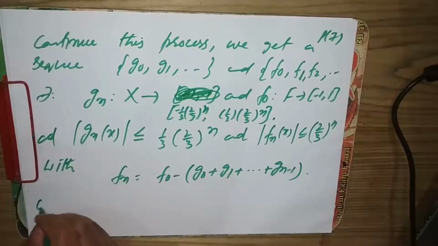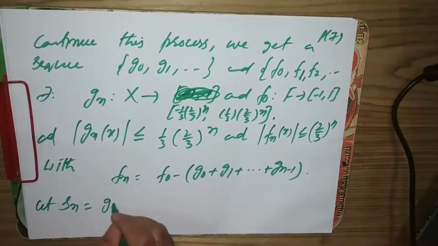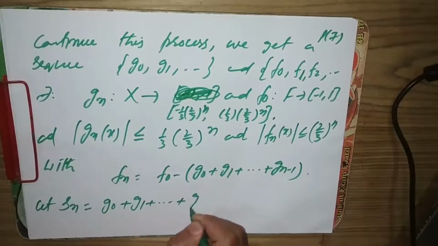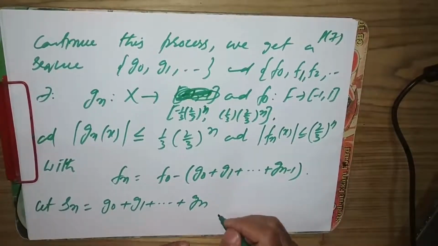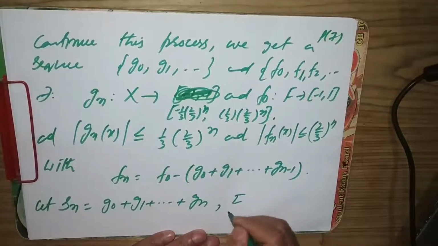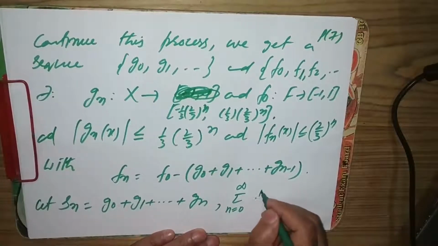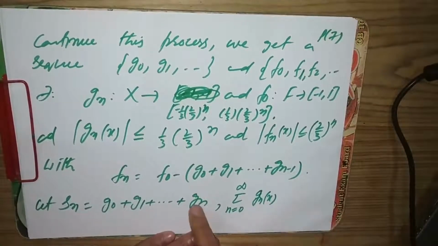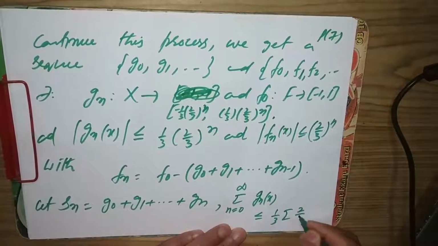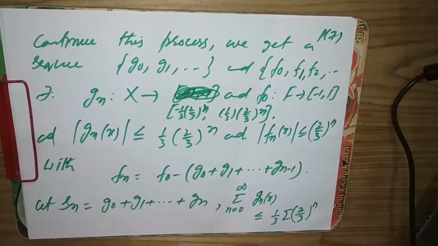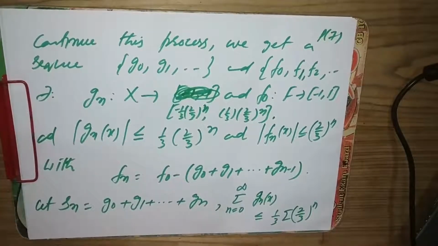So now let's denote this partial sum S_n, which is equal to g_0 plus g_1 plus up to g_n. Then you can see that the sum of |g_n(x)|, n running from 0 to infinity, is less than or equal to 1/3 times the series of (2/3)^n, because each g_n is less than or equal to (1/3)(2/3)^n. That series sums to 3, so 1/3 times 3 is equal to 1.